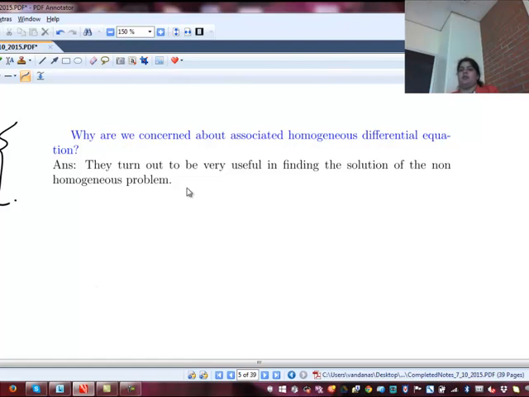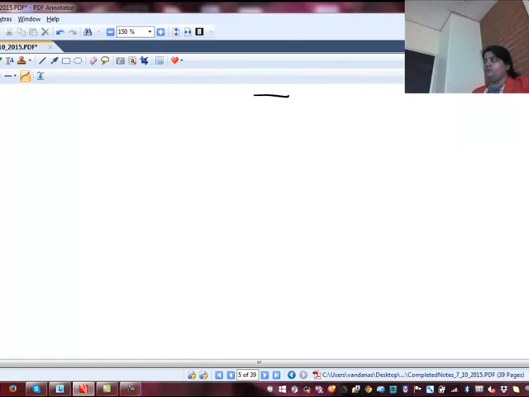So this is what it is saying. Why are we concerned about the associated homogeneous differential equation? They turn out to be very useful in finding the solution of the non-homogeneous problem, and we will see how.